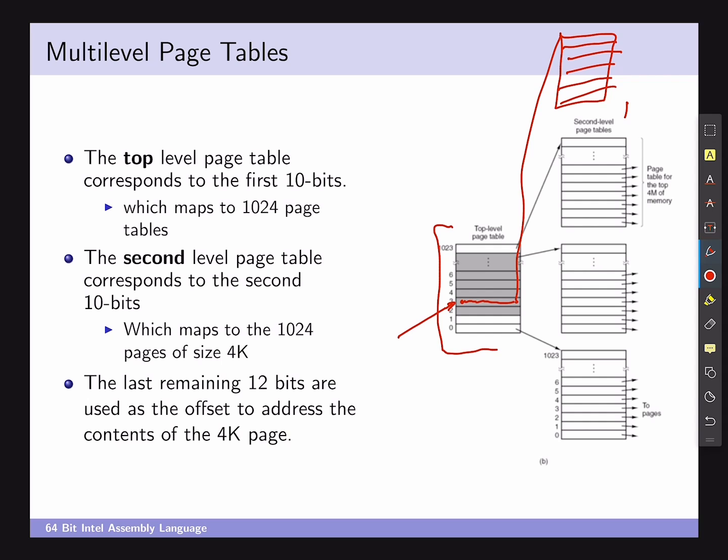That's where we use the next 10 bits. So those next 10 bits will say, okay, maybe you need to be at location 4. And now we're interested in this block. So now we use the first 10 bits here, the second 10 bits here, and then this will point us to a physical page on the system. And what we now do is we use the last 12 bits for the offset. So we simply add that to the address that is pointed to from this location. Now, this approach in principle is relatively straightforward, but it doesn't immediately tell us why it uses less space.